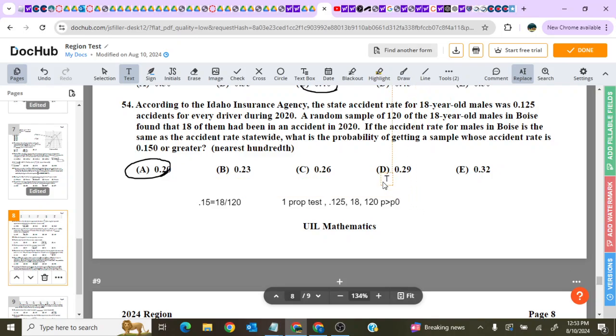As it turns out, 18 over 120 is indeed 0.15, which means we can use a one prop z test. So go to stat, test, one prop z test, and then you know your actual proportion of 0.125. Your x is 18, since 18 of them had been involved in accidents, and 120 were in the sample.